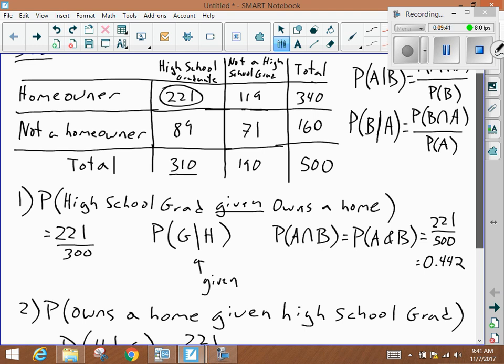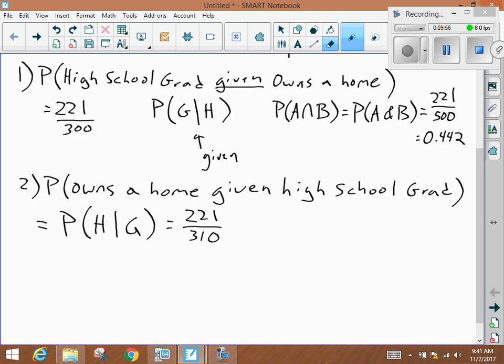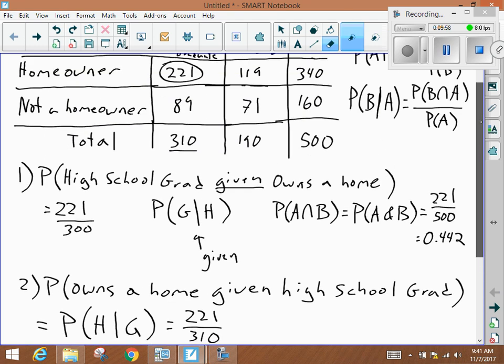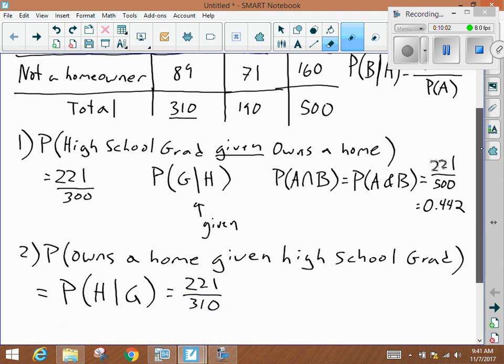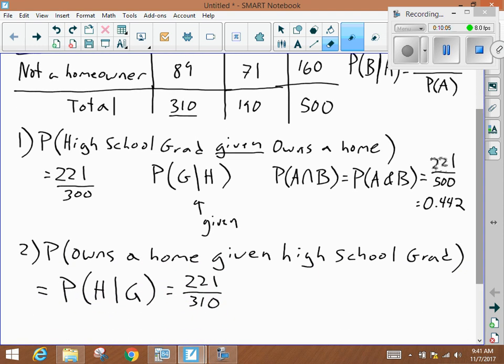And what is the probability of, sorry, I used these A's and B's. I'm sorry about that. I want to change these to G's and H's. I was looking at my formula and I wrote down the same letters in the formula.